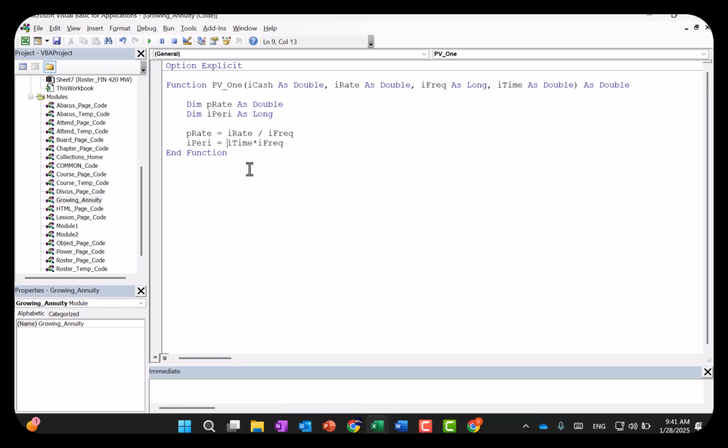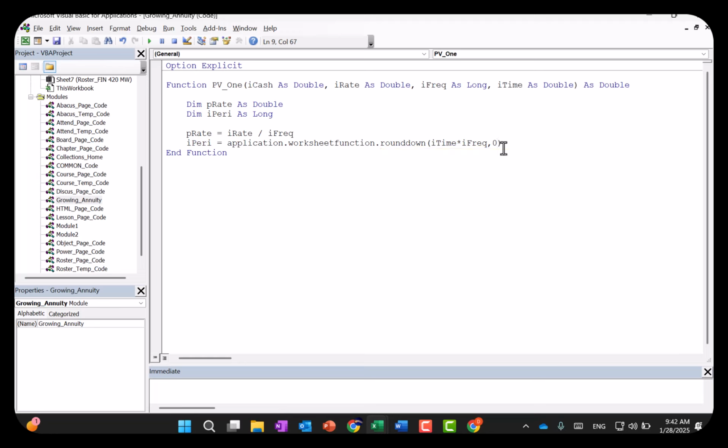I'm going to use an Excel function. Anytime you want to use a worksheet function inside VBA, you start with Application.WorksheetFunction.RoundDown. RoundDown is a function that rounds a number down to the integer below.